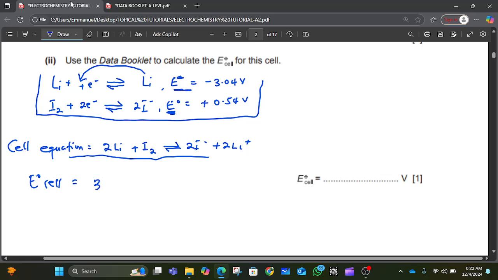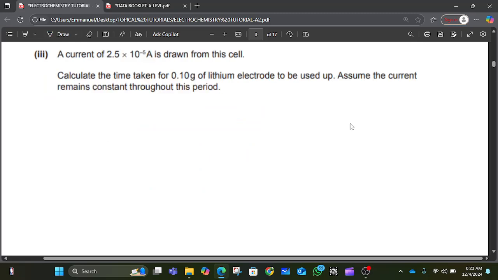And so that will be 3.04 volts. Then plus that of the I2 equation was still maintained in the cell equation. And so that will be plus 0.54 volts. And this gives us plus 3.58 volts.